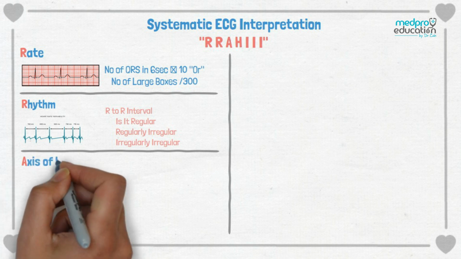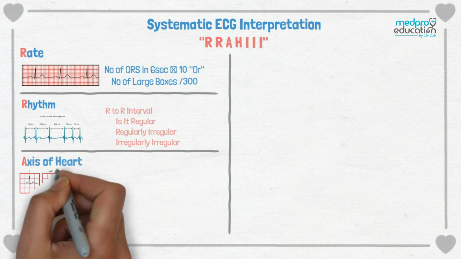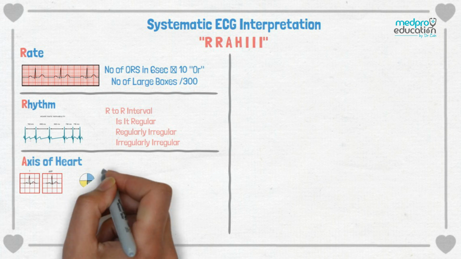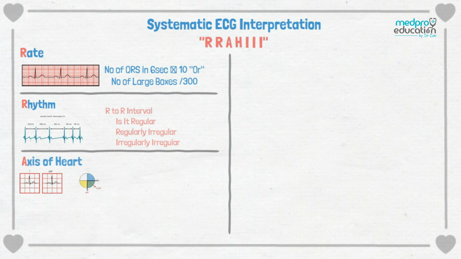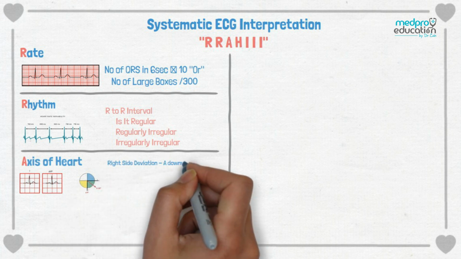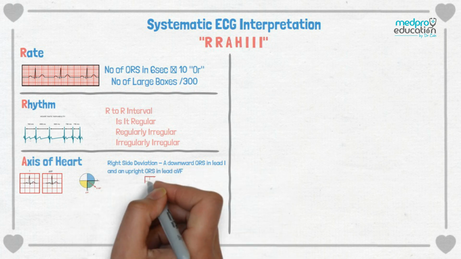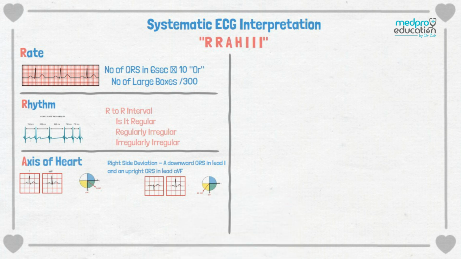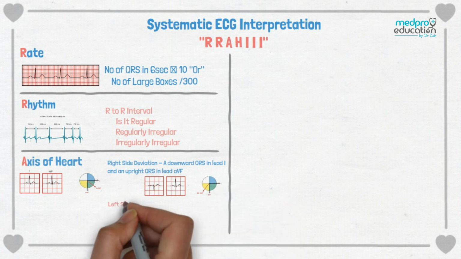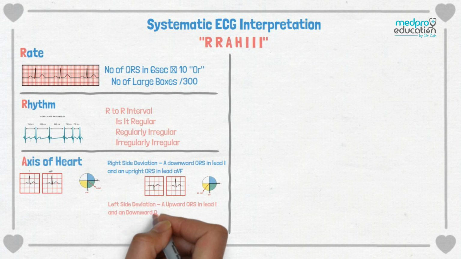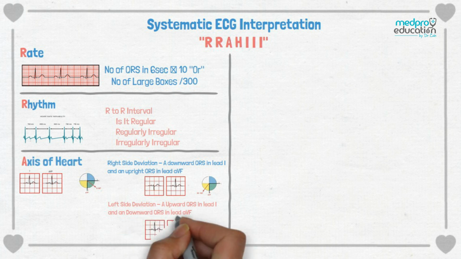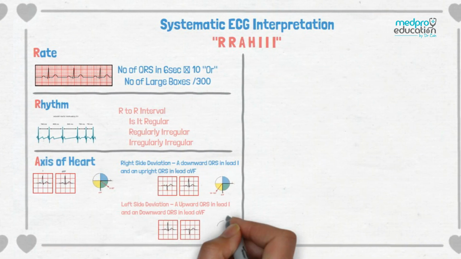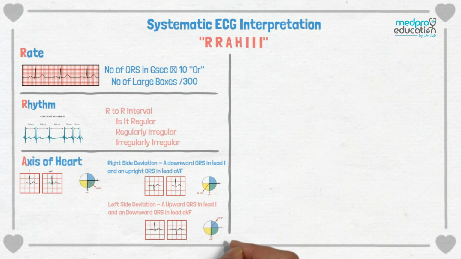Axis of heart. In a normal ECG, an upright positive QRS in leads I and aVF, 0 to plus 90 degrees. Deviation of axis to right in right ventricular hypertrophy, a downward QRS in lead I and an upright QRS in lead aVF. Deviation of axis to left in left ventricular hypertrophy, an upright QRS in lead I, and a downward QRS in lead aVF.